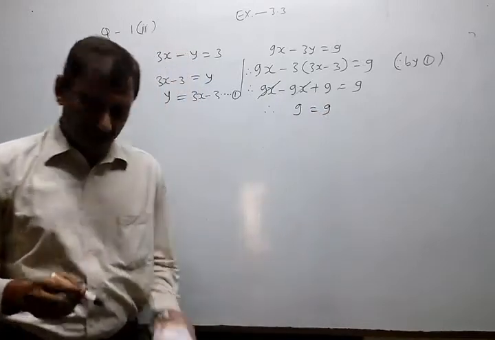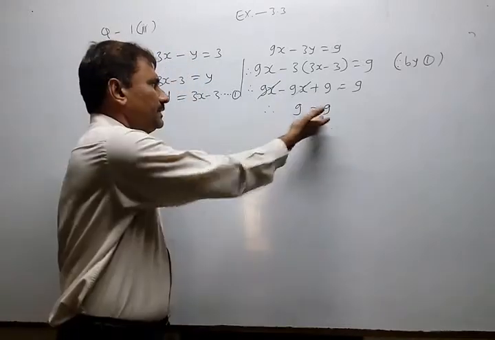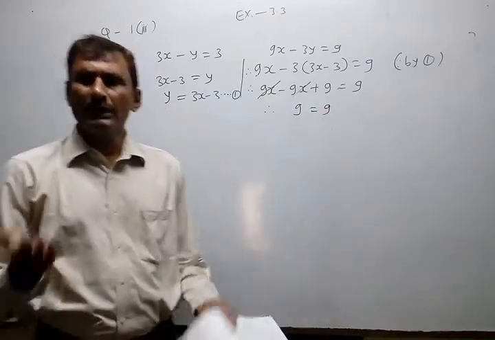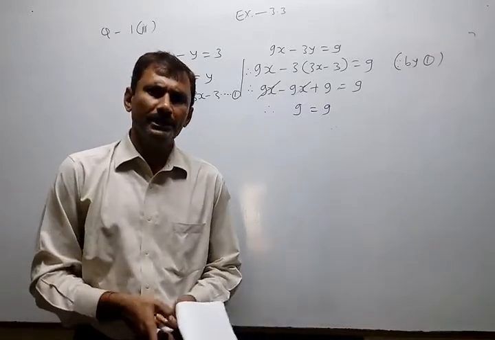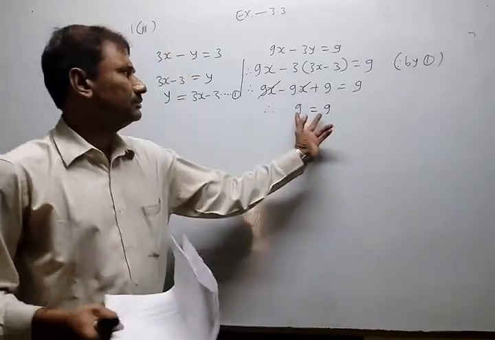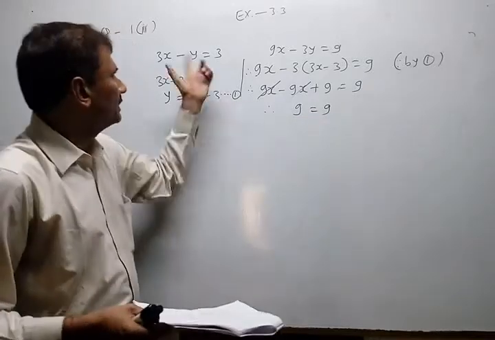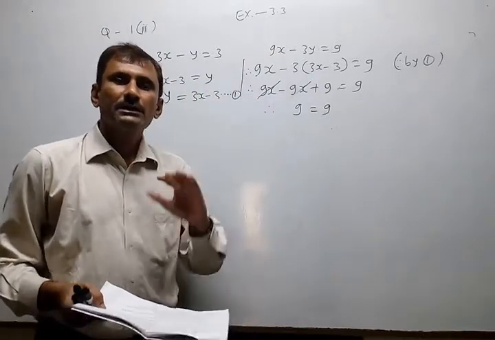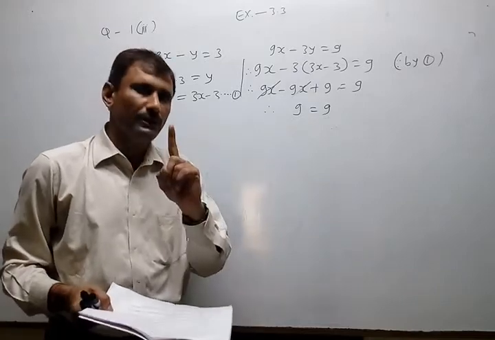So instead of getting a value, the variable itself cancels. What is the meaning of that statement? 9 equal to 9, 5 equal to 5, 1000 equal to 1000, 8 equal to 8. Whatever you get at the last moment, which is always true, at that time you have to write that this pair of linear equations has infinitely many solutions, not a unique solution.